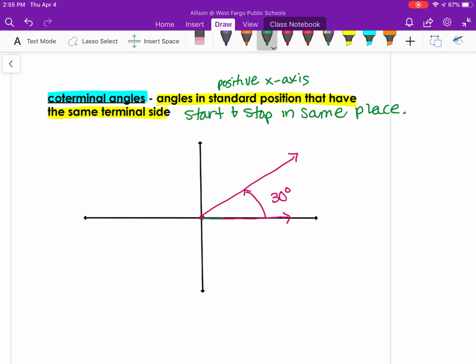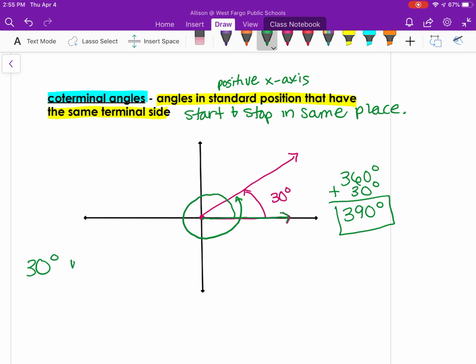So if I start at the positive x-axis again and go counterclockwise again, but this time all the way around, that's 360 plus another 30 degrees, and I end in the same place. So now I have a total angle of 390 degrees. 30 degrees and 390 degrees are what we call coterminal angles because they start and stop in the same place.